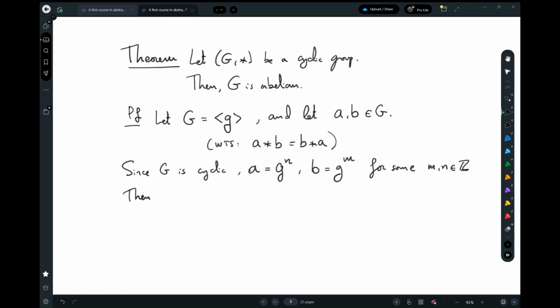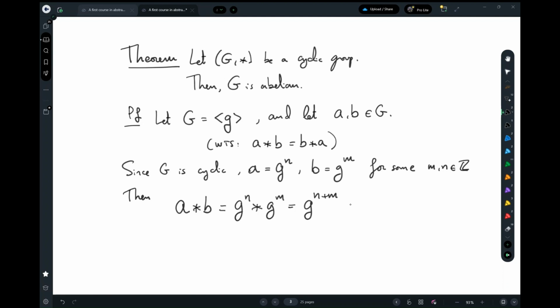Okay, so in particular, how much is a star b? a star b will be g to the n star g to the m, which is the same as g to the n plus m. But now I have commutativity in the integers themselves, which are what's in the exponent there.